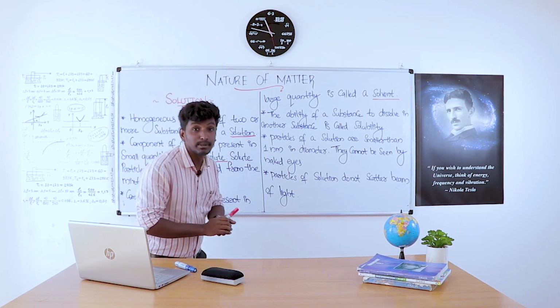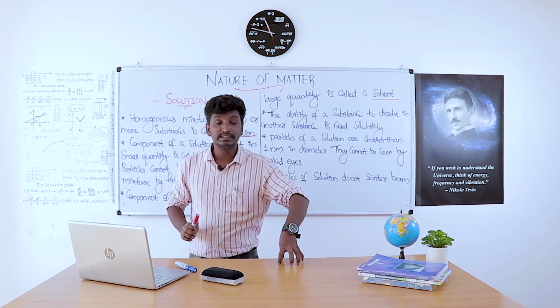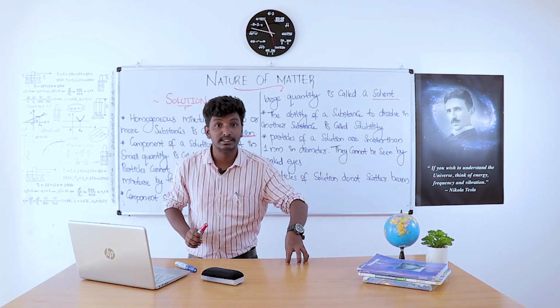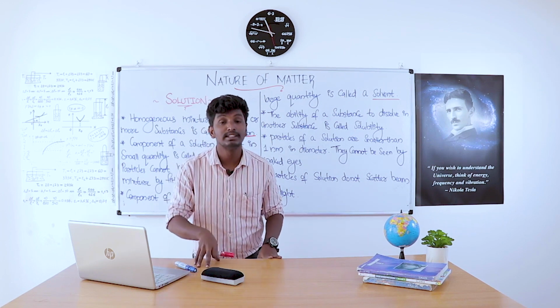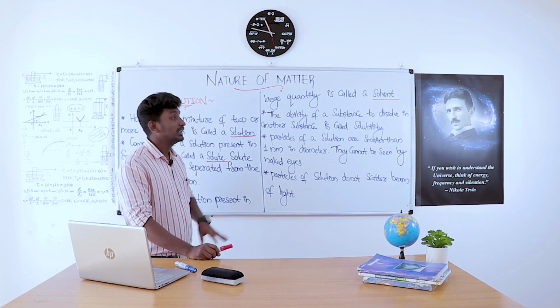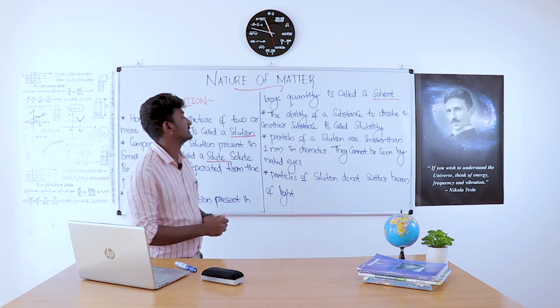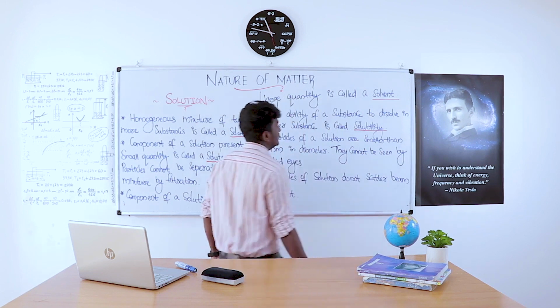A solution comprises solute and solvent. Solute is the component present in small quantity and solvent is the component present in large quantity. Then the ability of a substance to dissolve in another substance is called its solubility.